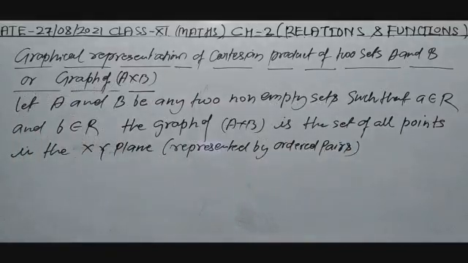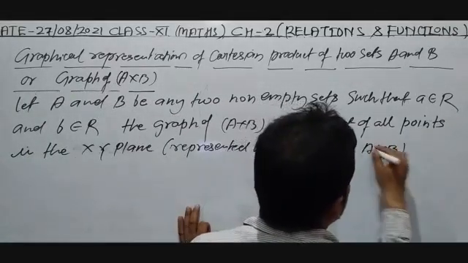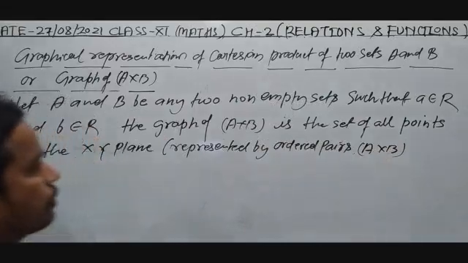Now ordered pair is A cross B, you know, A cross B.